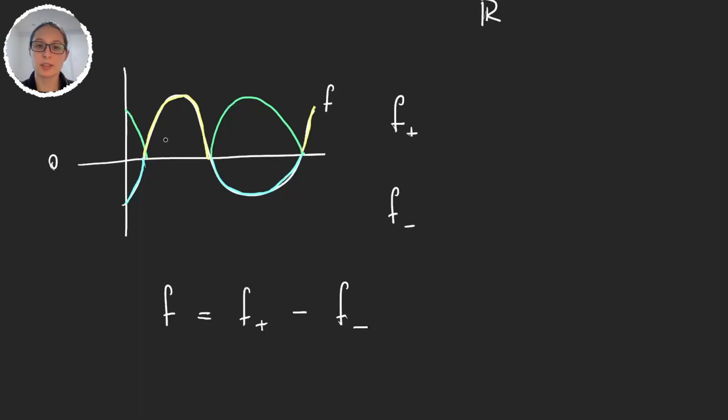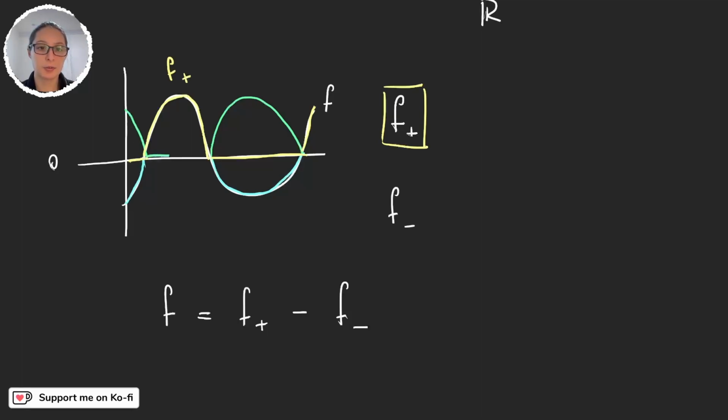So in this drawing, f plus is going to be this yellow thing here where the function is positive, and 0 where the function is negative. And f minus is going to be the reflection of where the function is negative, and 0 where the function is positive. So here the function was negative, we reflect it, and then when it's positive, we continue with 0. This function then is going to be f minus.